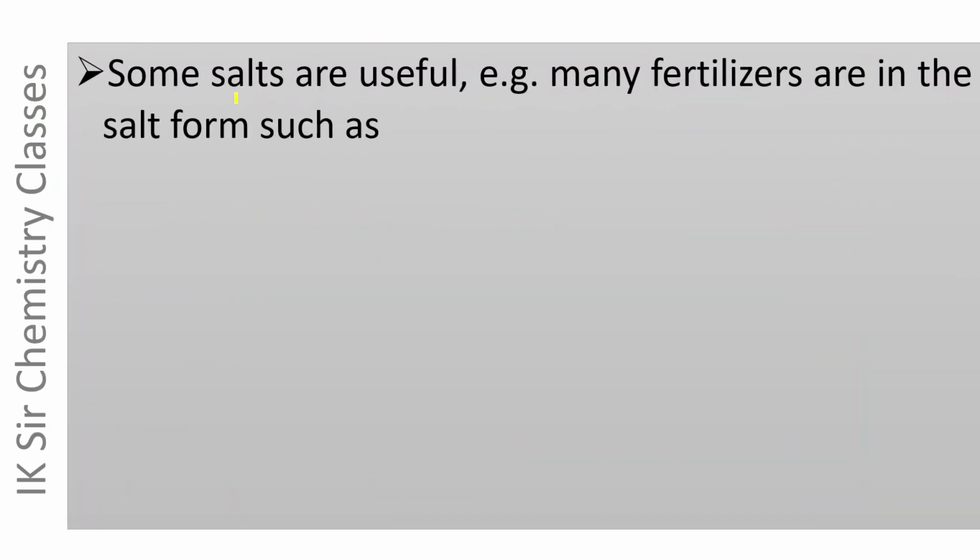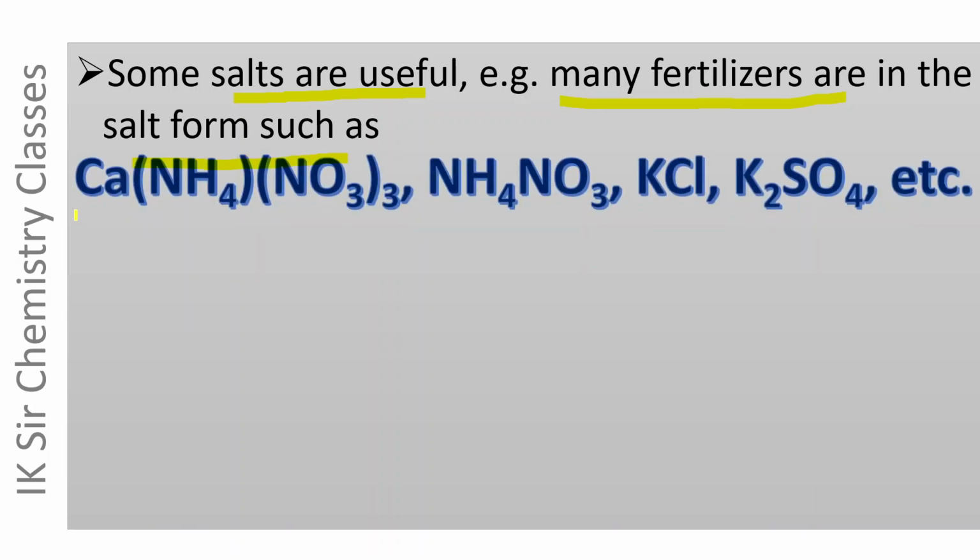Some salts are useful also. For example, many fertilizers are in the salt form, such as calcium ammonium nitrate, potassium chloride, potassium sulfate, etc. are chemical fertilizers which are in the form of salt.